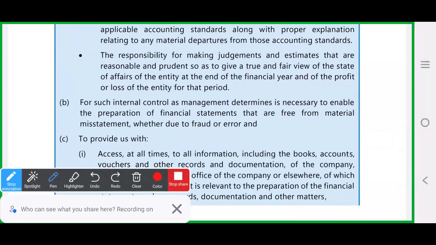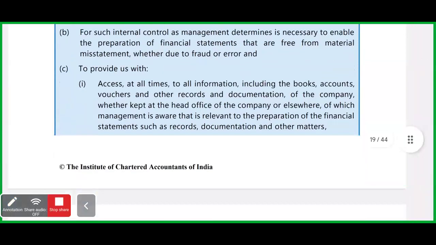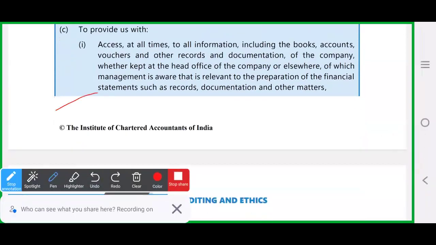Again, responsibility for making judgments and estimates that are reasonable and prudent. Say, for example, the company has made certain provision for bad debt; that has to be reasonable enough. That was one example. For such internal control, management should enable the preparation of financial statements which are free from material misstatement, and management should give access all the time to the information.